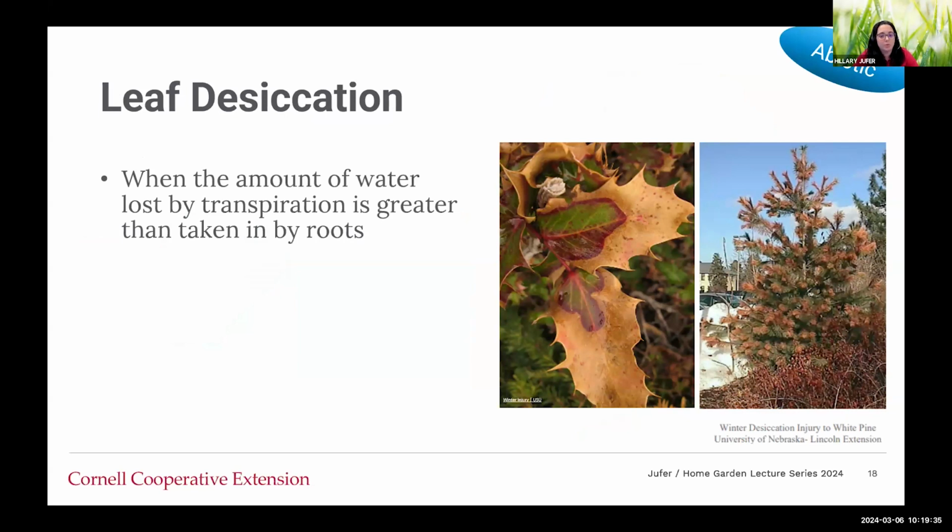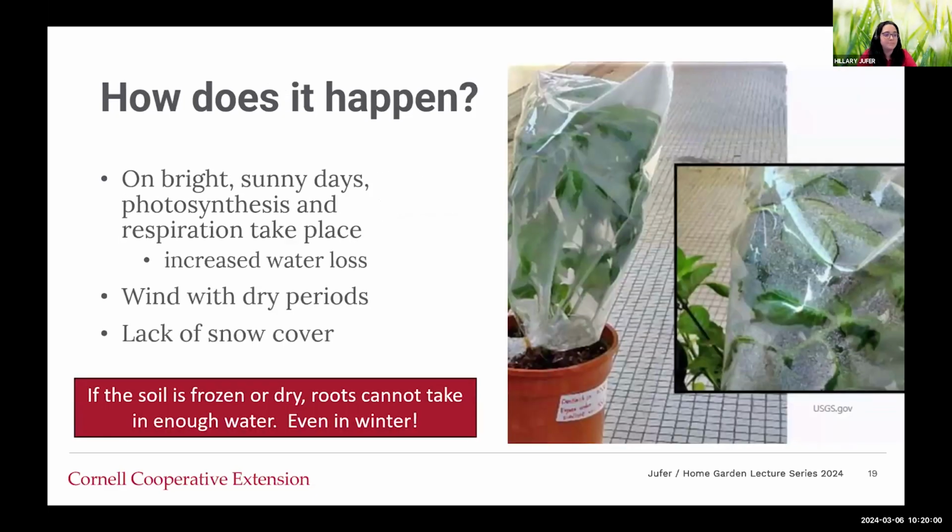During the growing season, when trees are in full foliage, large amounts of water are lost through their leaves, but they're also taking in a lot of water. During winter, the photosynthesis is slowed down, but evergreens do continue to lose water at a higher rate than deciduous trees, the ones that lose their leaves, through their needles. So this leaf desiccation has the ability to happen.